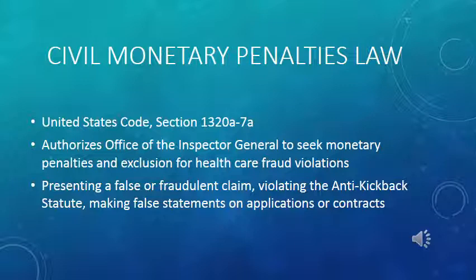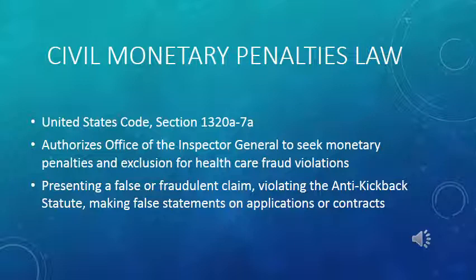Civil monetary penalties also may include an assessment of up to 3 times the amount claimed for each item or service, and up to 3 times the amount of remuneration offered, paid, solicited, or received.